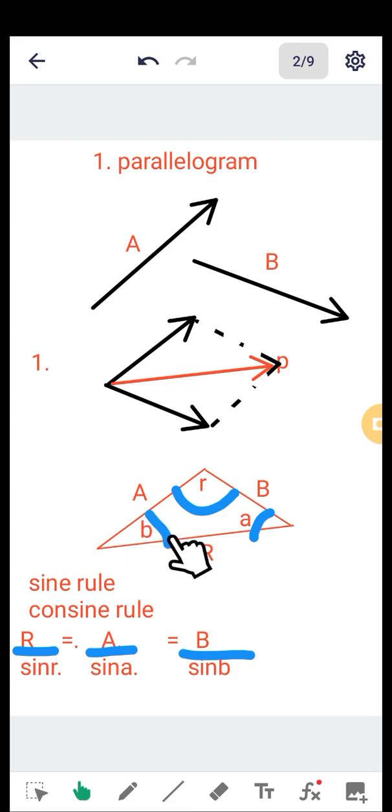So we can work out everything given on this diagram.